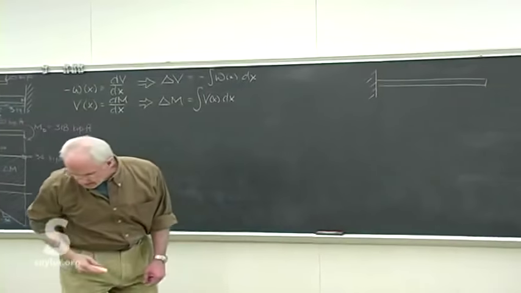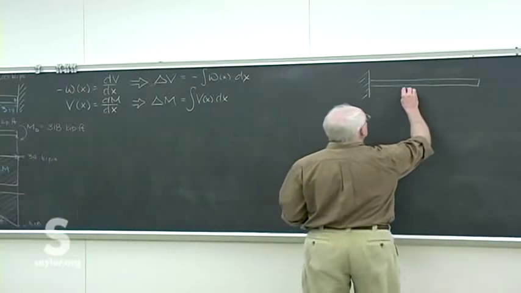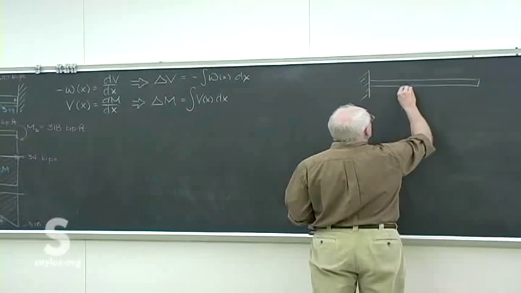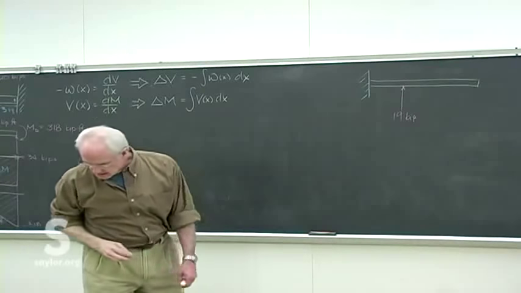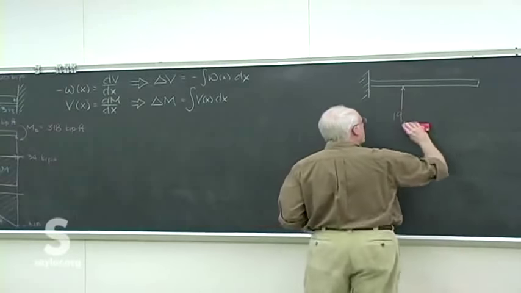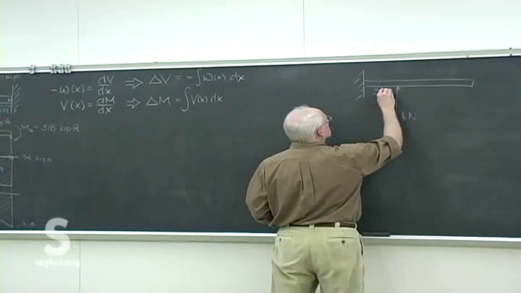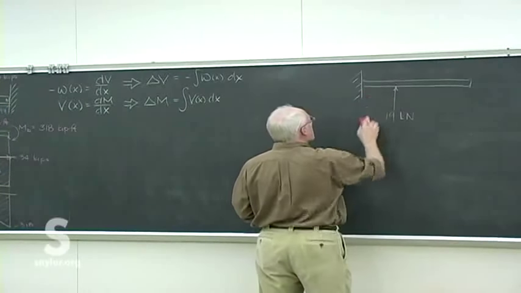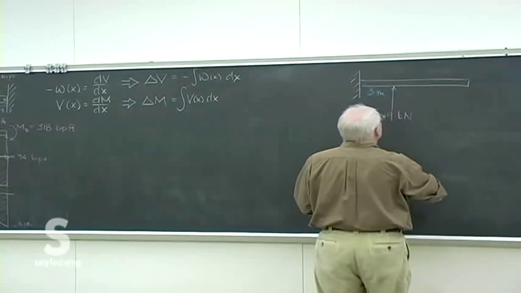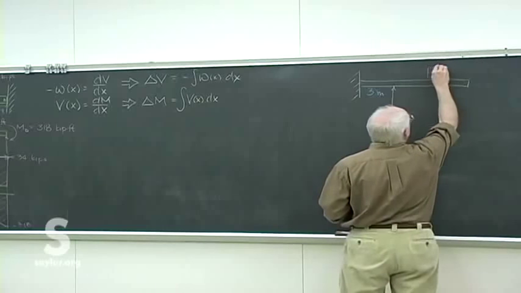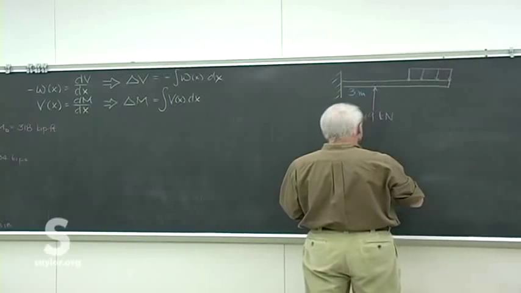All right, so one for you to do. Again, a cantilever beam, split into thirds. With a 19 kip load, sorry, not kips, kilonewtons. 3 meters there, and again at 3 meters, you're going to have a uniform distribution of the load.